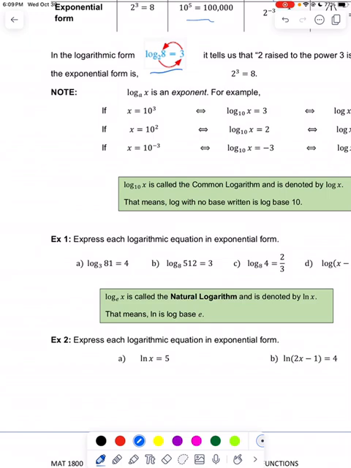So if you note, basically what is happening is that this quantity is actually an exponent. Because remember again, y is equal to log of x to the base a becomes a to the y. So what is y? Y is equal to this quantity.